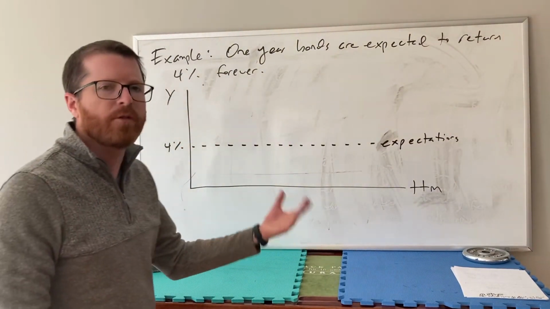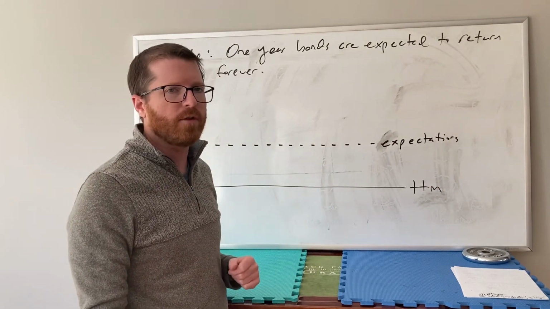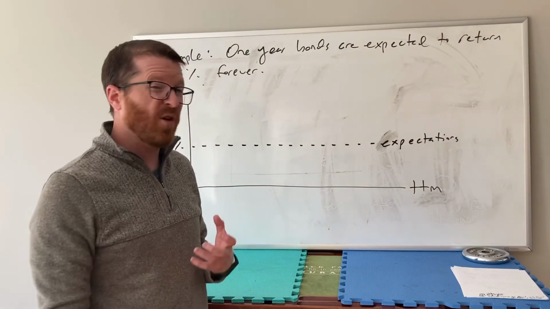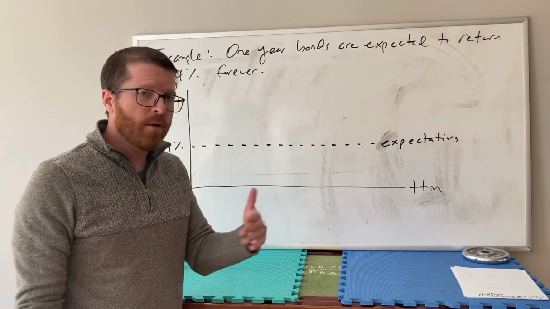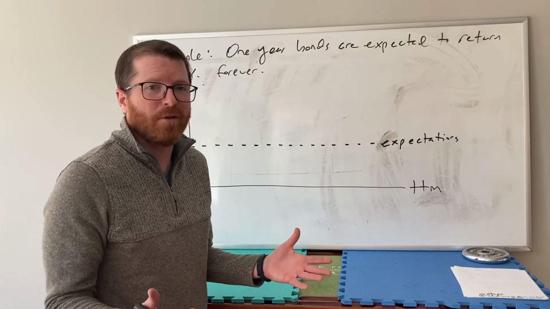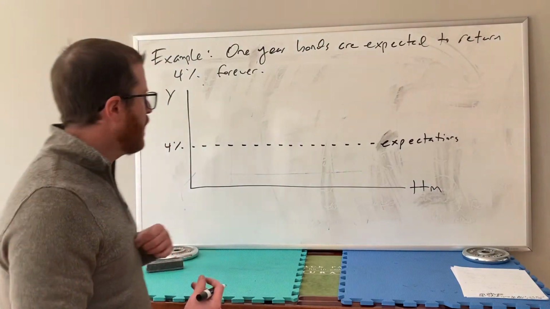Okay, so 30-year bonds would be 4%, 10-year bonds would be 4%, and so forth. That's what expectations theory would suggest. After all, right, if a 30-year bond returned 6% and 1-year bonds always returned 4%, well, then everybody would just buy the 30-year bond, right? And that would drive down its interest rate over time, okay?